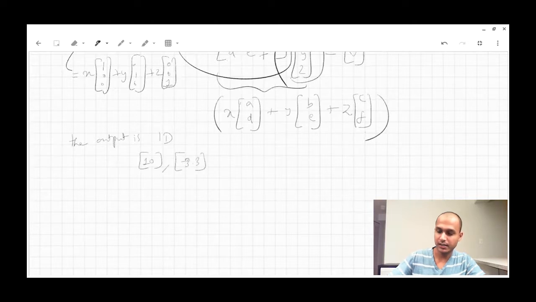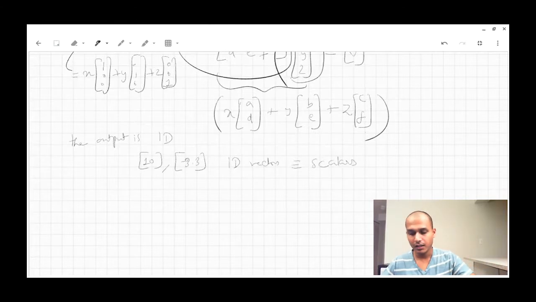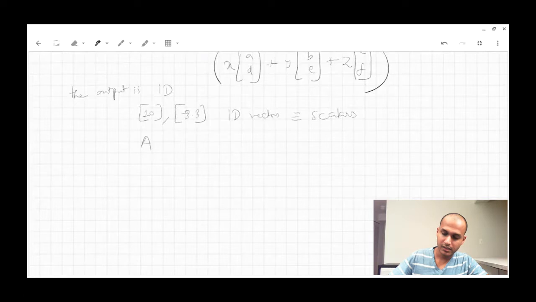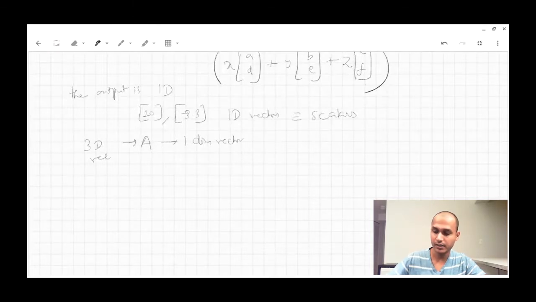These are one-dimensional vectors, which are nothing but scalars. And we want a transformation A which takes a 3-dimensional vector and produces a 1-dimensional vector. So how does A look?